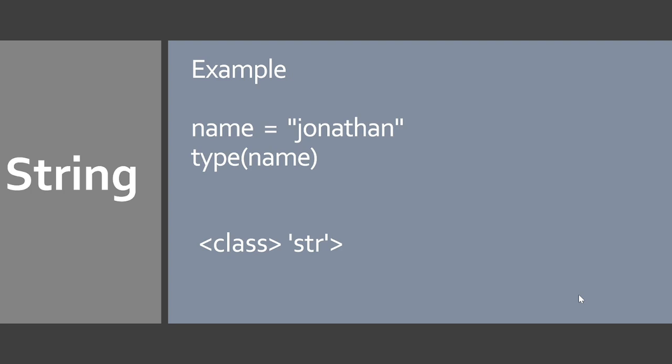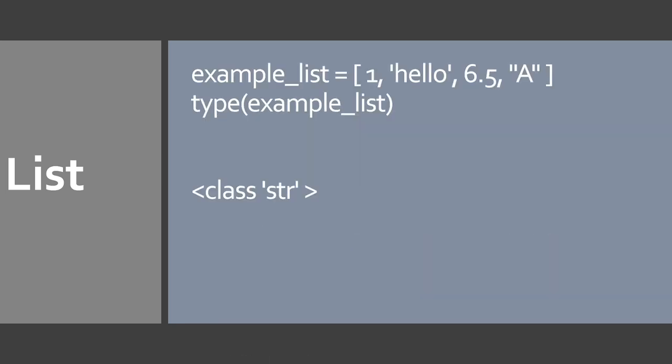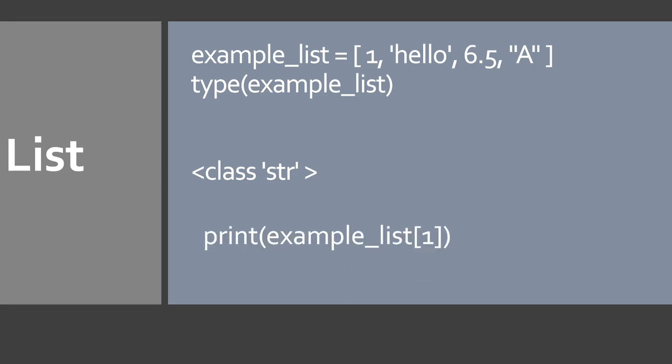Lists are a sequence of one or more different or similar data types. They are essentially an array and hold any type inside square brackets. Each item can be accessed by its index. Tuples are similar to lists in many ways.